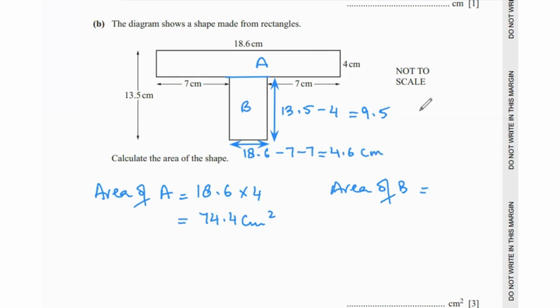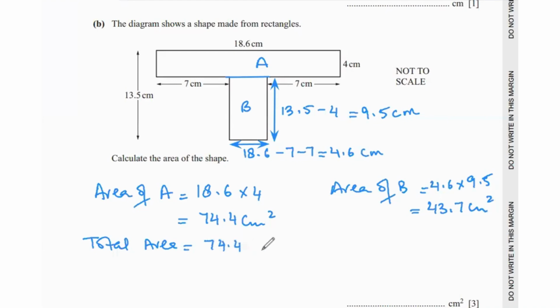So this is 4.6 cm and this is 9.5 cm. So we do 4.6 times 9.5, and that leaves us with 43.7 centimeters square. Now for the total area, you will just add the area of A and B. So 74.4 plus 43.7, and that leaves us with 118.1 centimeters square.